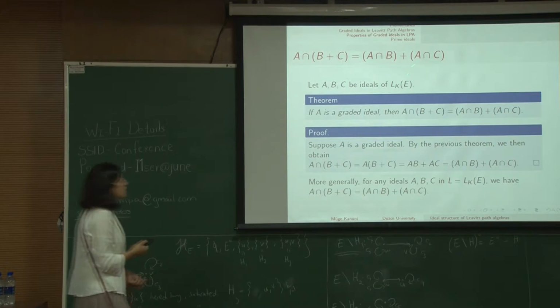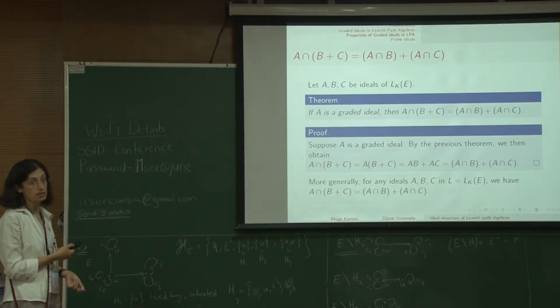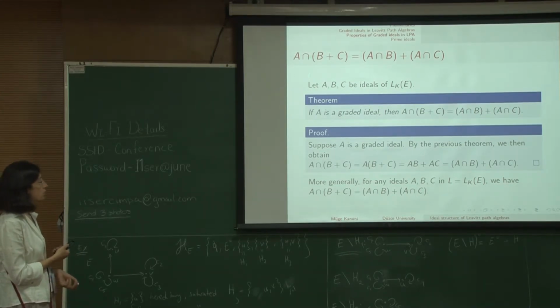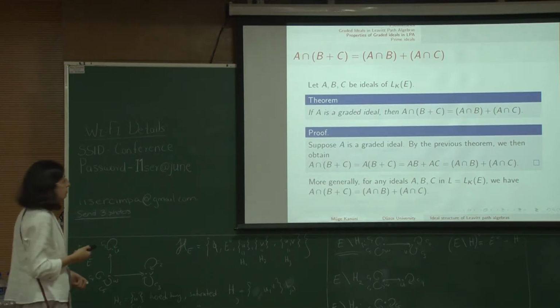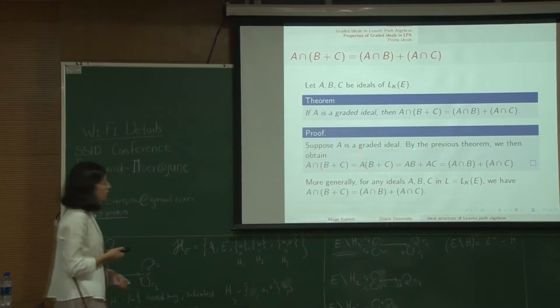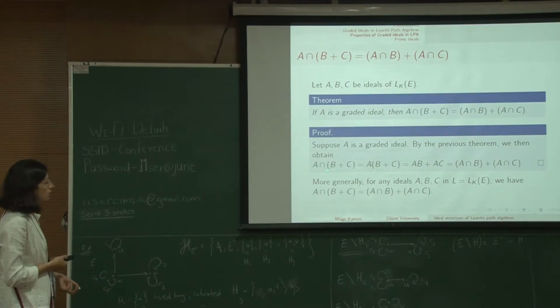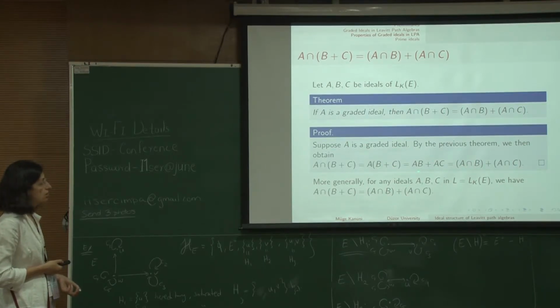Another nice property is the distributive property of ideals. This is not necessarily true in any ring. However, in Leavitt path algebras, again, this works. If you take A to be a graded ideal, then by the previous theorem, it's a simple corollary to show that A intersection (B plus C) is nothing but A times (B plus C), which is AB plus AC.